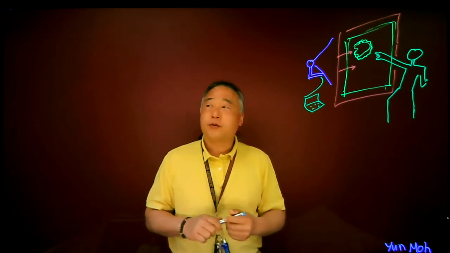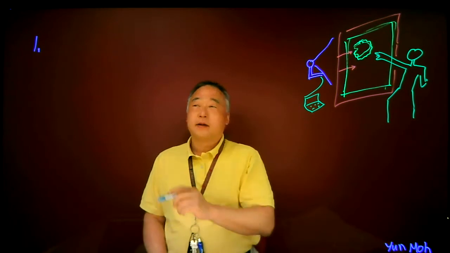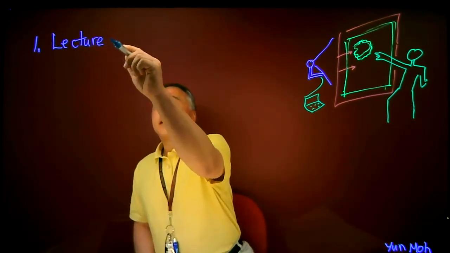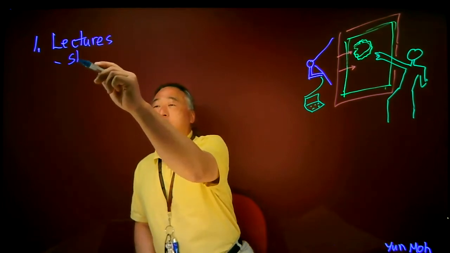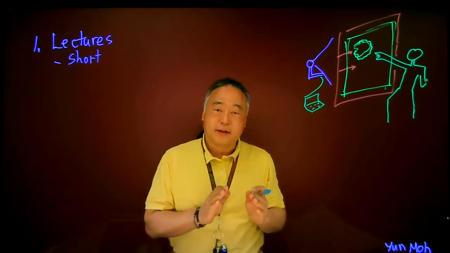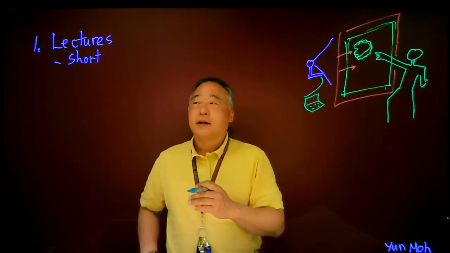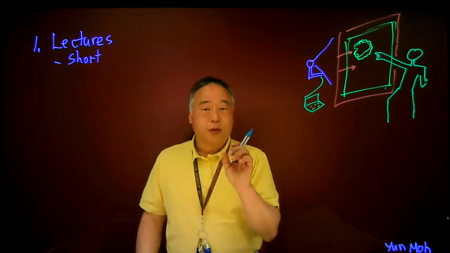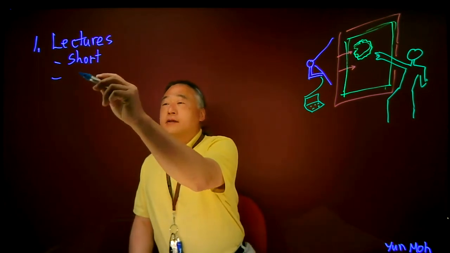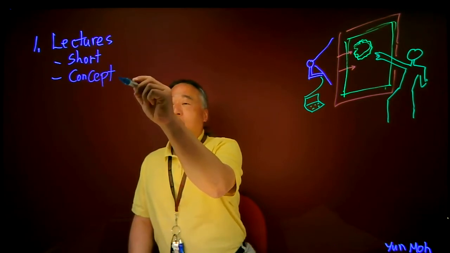So I would recommend using this for short lectures. It could be multiple segments, but I would say keep it under 5 minutes, but you can obviously make more segments. And also something that introduces basic concepts.